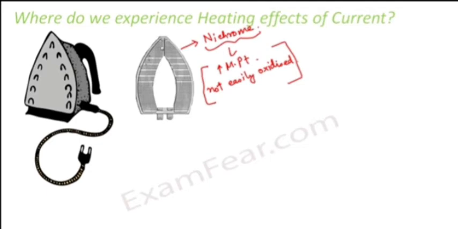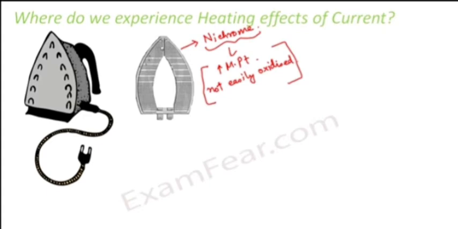So due to this nichrome, what happens? Electric current produces heat and the iron gets heated up and we are able to press our clothes. Now the question is, what produces this heat? What is the reason that when current is flowing through the circuit, it produces heat?